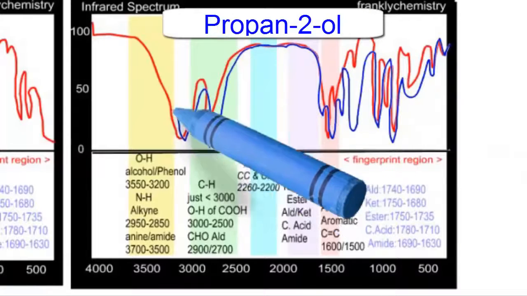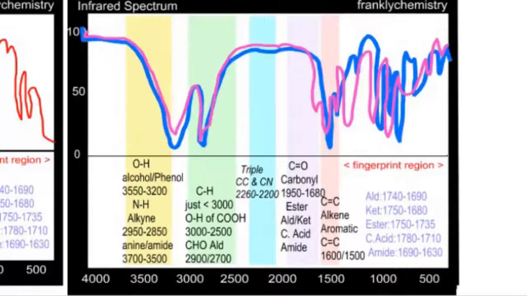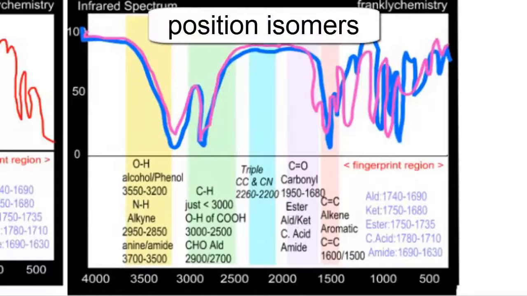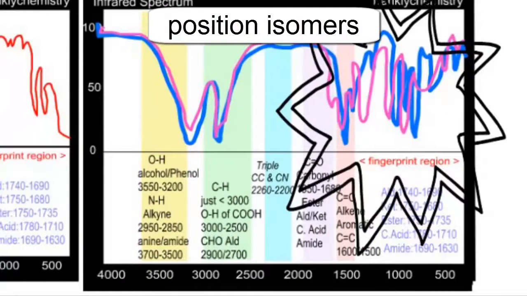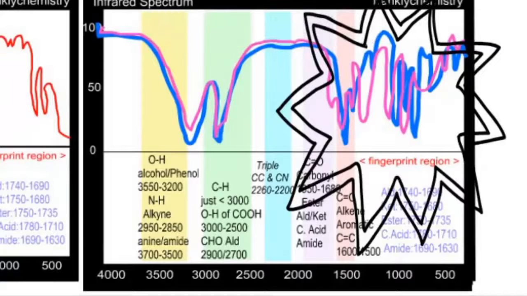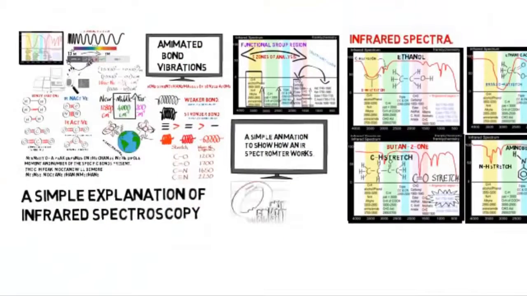And here's propan-2-ol. Now in the green and cream zones there, they are virtually identical. Where we can distinguish between these two position isomers is in the pattern of peak created in the fingerprint region. Computer analysis will certainly pick out the difference, and a trained observer will have no difficulty distinguishing between one and the other.